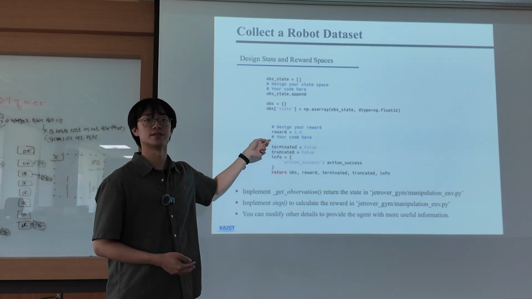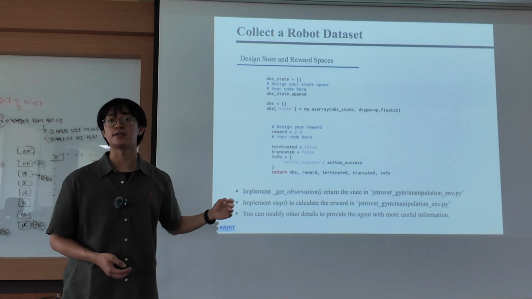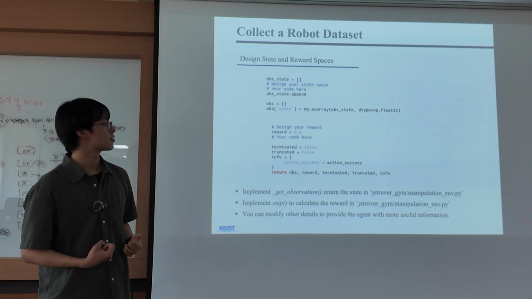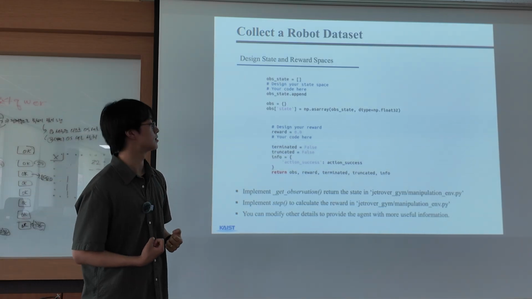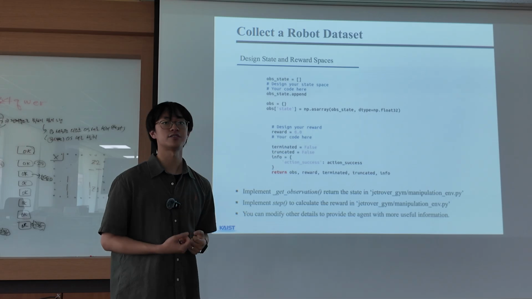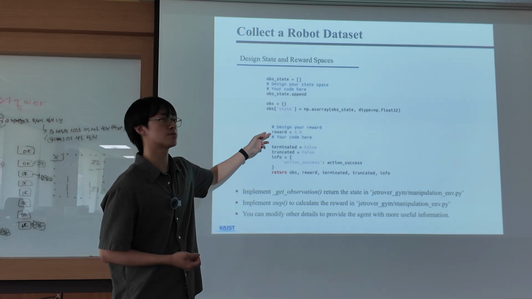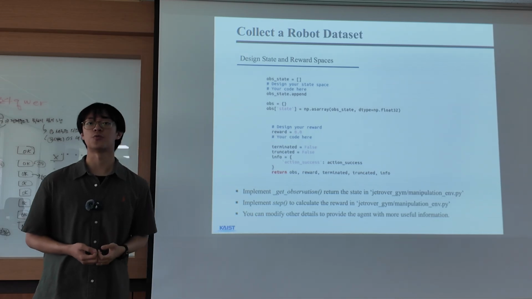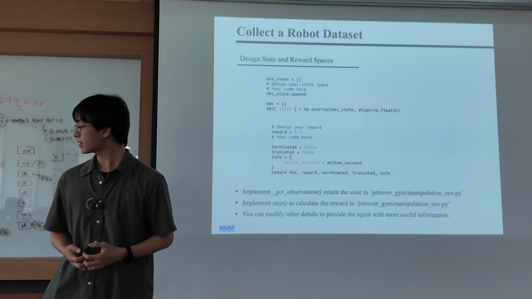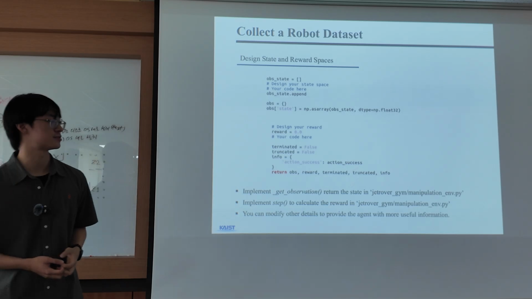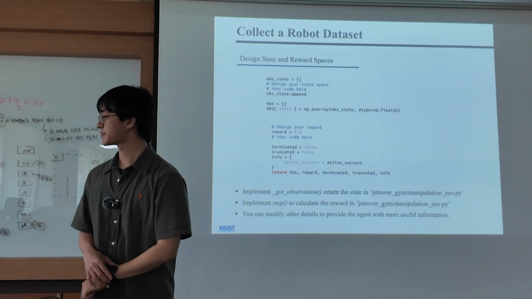And also the reward. Reinforcement learning is basically about collecting the largest reward possible. So to make the agent work well, you should design the reward carefully to grab the cube.